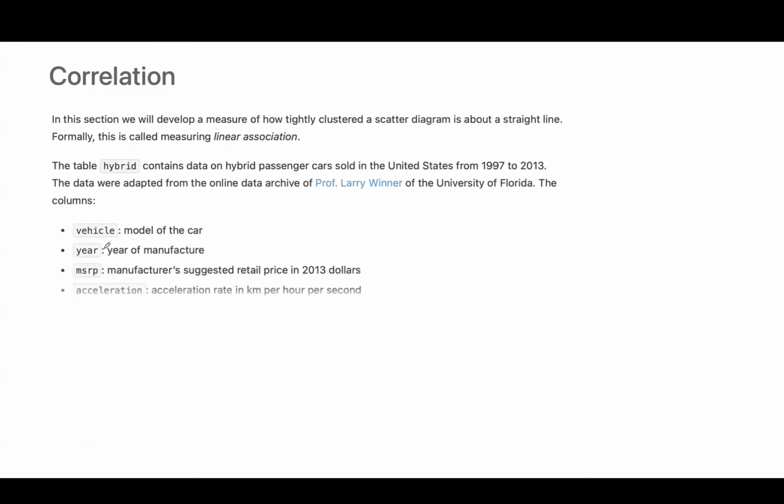The columns are vehicle, which is the model of the car, year of manufacture, MSRP, or manufacturer's suggested retail price in 2013, acceleration rate in kilometers per hour per second, MPG, or fuel economy in miles per gallon, and class, which is the model's class.